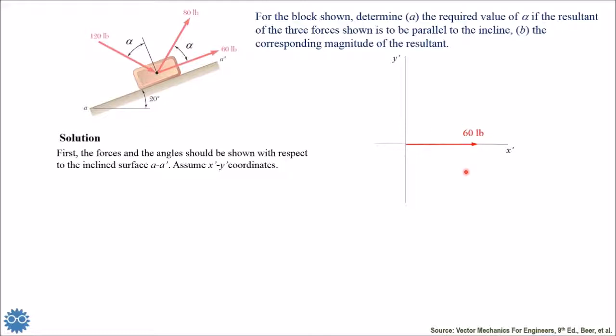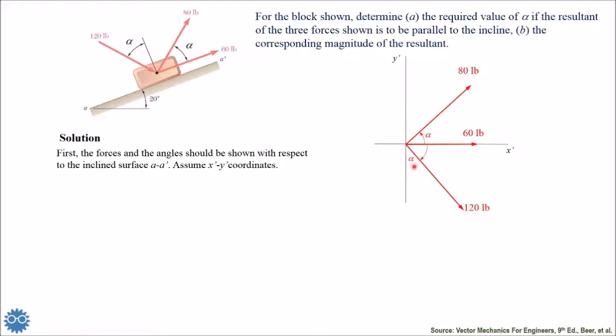Now, first we draw the first vector, 60 pounds force. Notice it is along x prime. This is x prime direction, which is, as I said, parallel to AA prime. And then by the angle alpha, we draw the second force of 80 pounds, and we draw the final force 120 pounds.